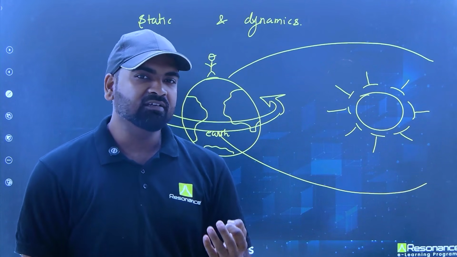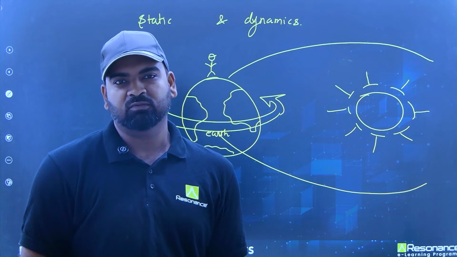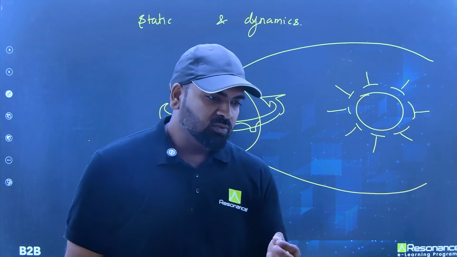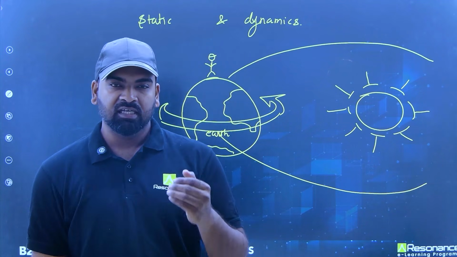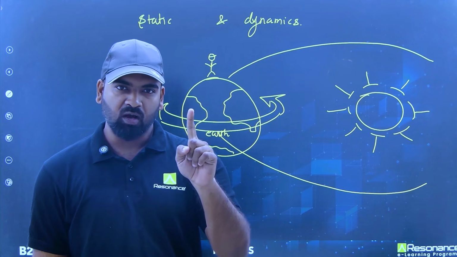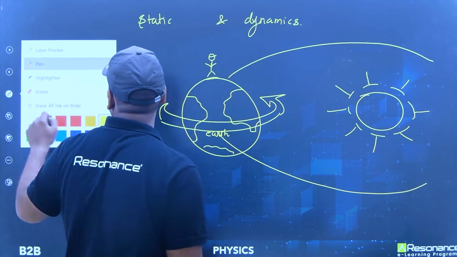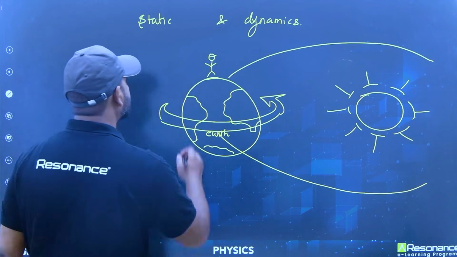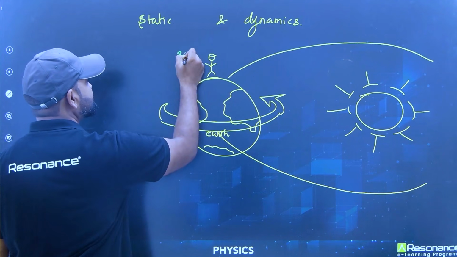Am I really in rest condition, like absolute rest? What is your answer? Obviously no. So dynamic and static is not a fixed thing. It only depends on one thing, and that is, well, you are doing this through a screen.